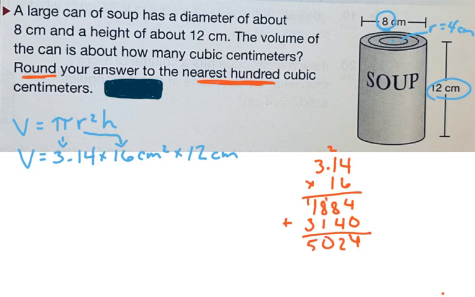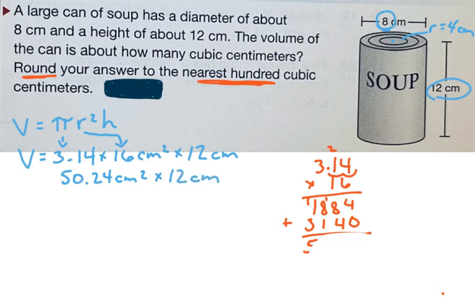How many decimal places in our problem? We have 2, so we move our decimal over 2 spots. So our answer here is 50.24 centimeters squared. We're going to multiply that by 12 centimeters.